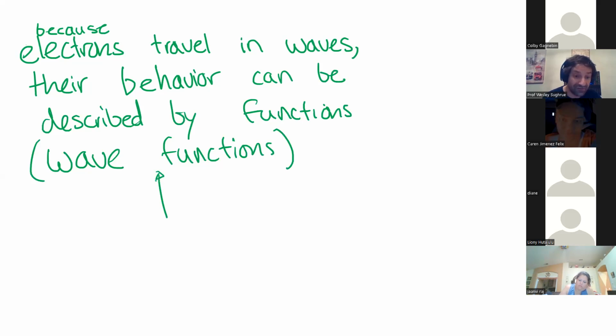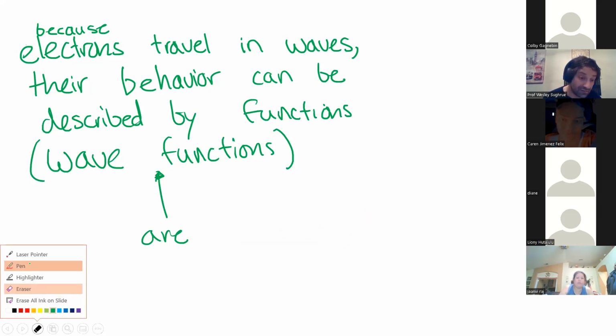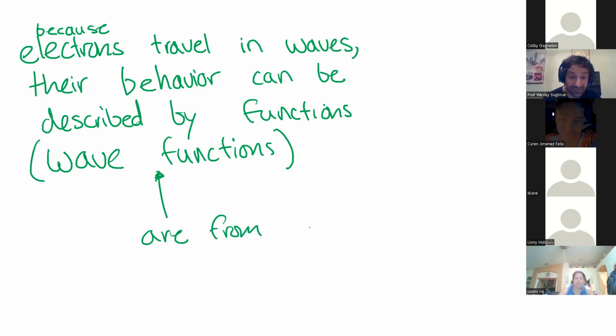These wave functions are associated with and described by, or I should say come from, the Schrodinger equation. Awesome equation, really cool stuff.